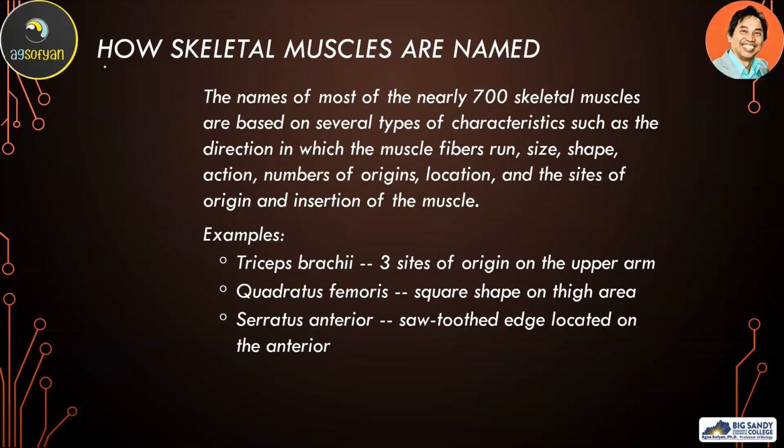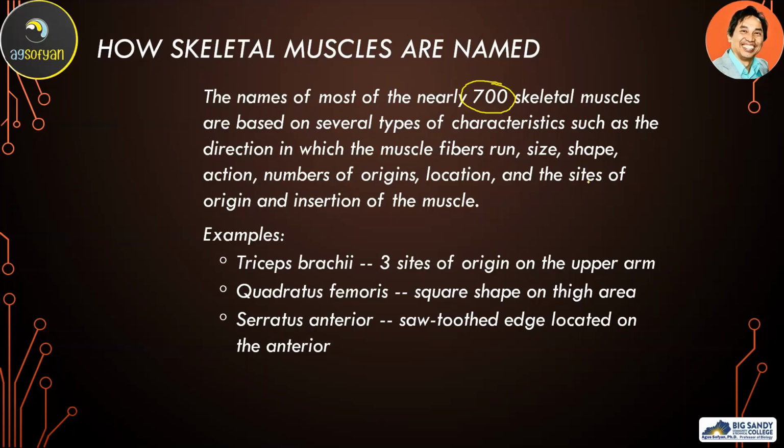For example, when we smile, laugh or talk, it gives expressions on our face. This comes from muscle contraction and relaxation in our facial muscles. So there are about 700 different types of muscles in our body.